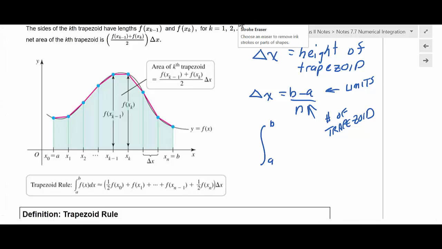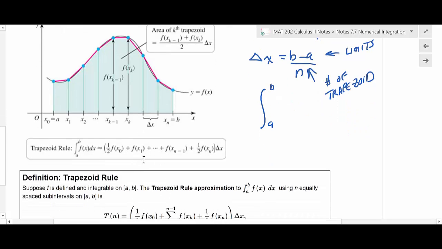There's some factoring that goes on in it and some things that can be simplified. So the formula goes like this. This is kind of weird, but I'll explain why in just a minute. You factor the delta x out, because each trapezoid is going to have a delta x in it, and then you do half of the first function value.